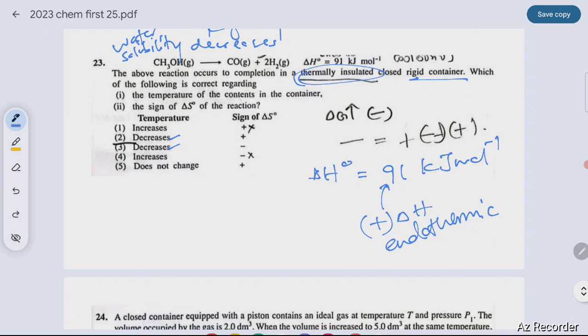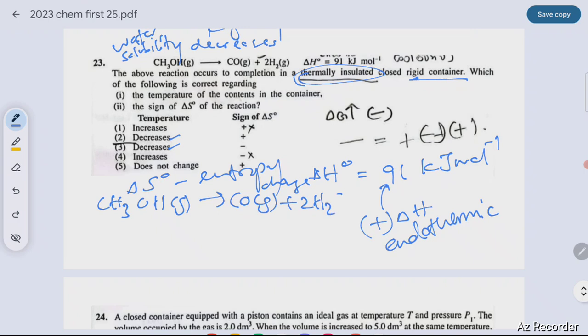So how can you find the sign of delta S naught? Delta S naught means the entropy change. Now this is a gaseous state reaction. CH3OH is a gas and it gives carbon monoxide, which is also a gas, plus 2H2, which is also a gas. Here there is one gas molecule and here there are 3 gas molecules, so the randomness is increased.